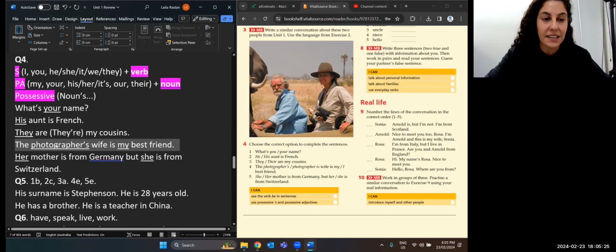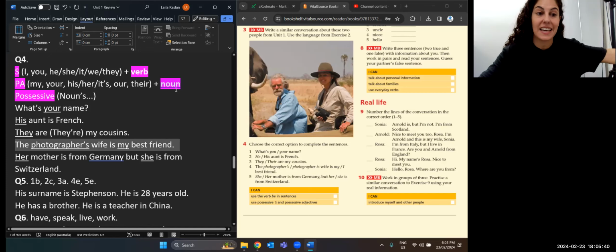So we have the noun photographer, which is a job, and it's just contracting his. That's not is, that's his wife. So when I need to talk about someone else, I use the possessive adjective to talk about something that is theirs. So the photographer's wife, that's his best friend. Best friend is a noun.